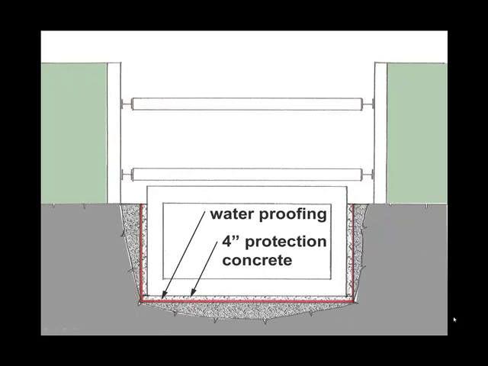Now, I've mentioned waterproofing from time to time because it is critically important in an underground structure, but it's a very large and complex subject. It goes way beyond this class, but nevertheless, the need to do it correctly is worth reinforcing during this class.